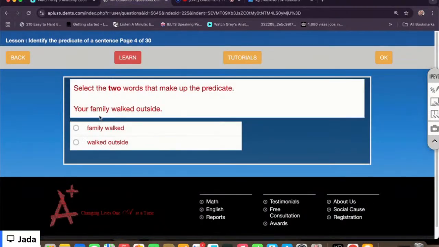So we have, your family walked outside. Your family walked outside. So what are the two words that make up the predicate here?